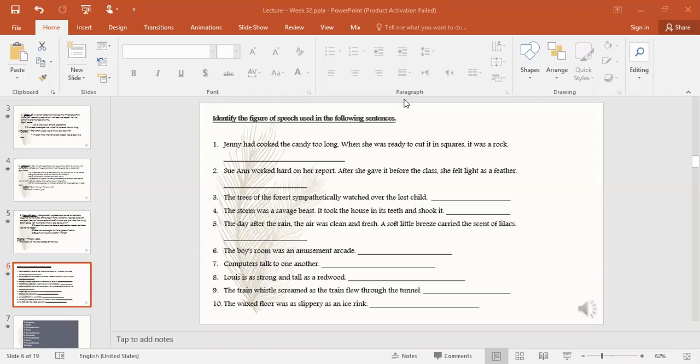The trees of the forest sympathetically watched over the lost child. Sympathetically watched. Who usually has these feelings, the feelings of sympathy and love?